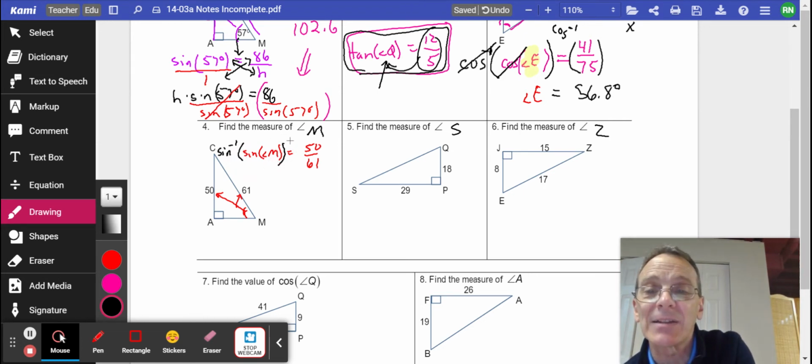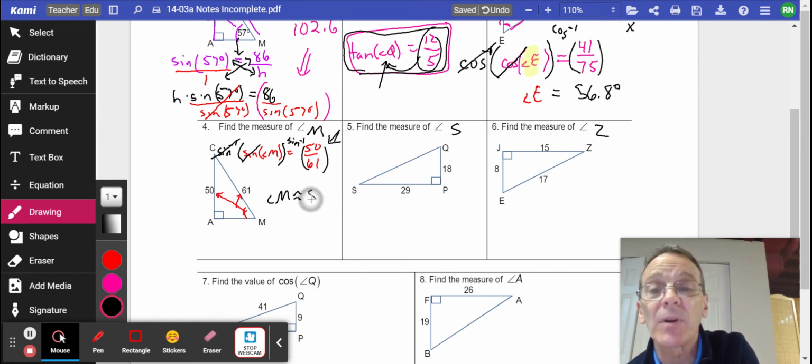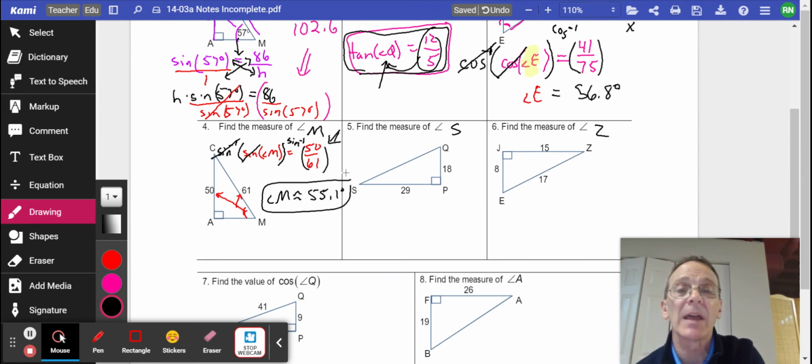And then I didn't really leave room to get that sine inverse squeezed into the left, but try to squeeze it in there. Okay, the sine inverse cancels out the sine. This you can put in your calculator, and angle M turns out to be, what did I get earlier, 55.1 degrees, which seems reasonable for this diagram.